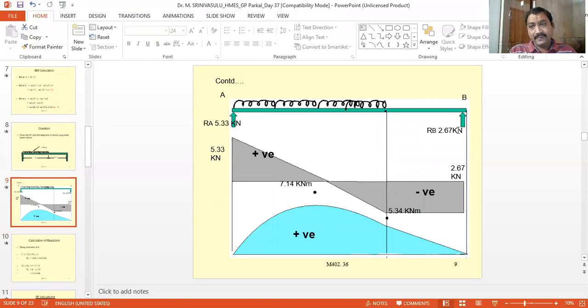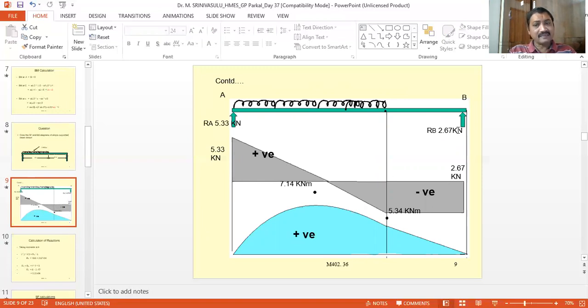Here also, the support reactions are varying. In the previous case, the UDL was acting throughout the length. Therefore, the supports equally shared the total UDL, and the reactions at the supports were equal.